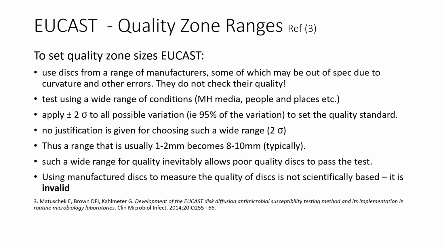What you're in effect doing is you're using manufactured discs to check manufactured discs, and that is not valid. It is, if anything, an example of bad science. It is not a quantitative method, and it is fundamentally unsound.